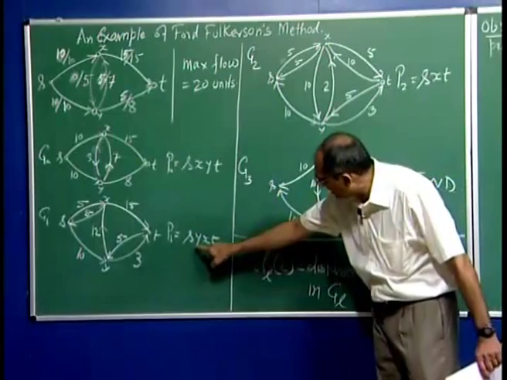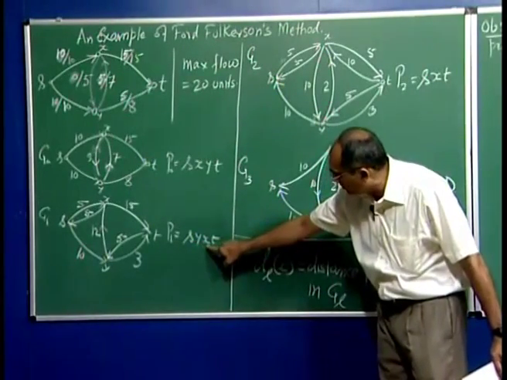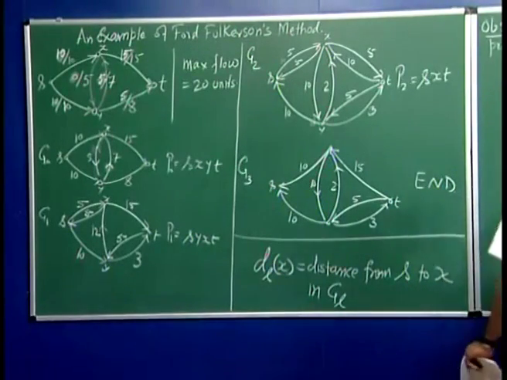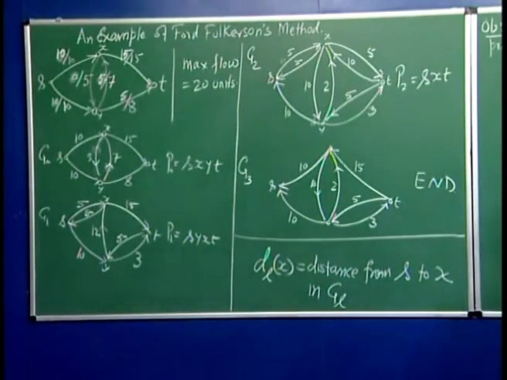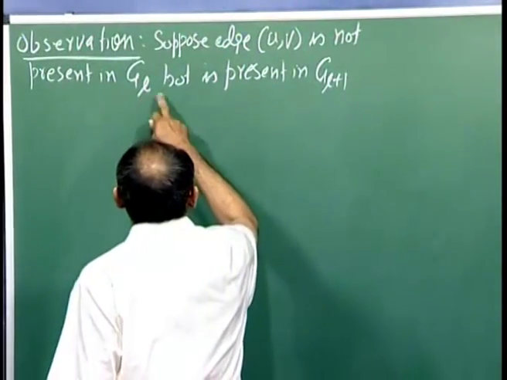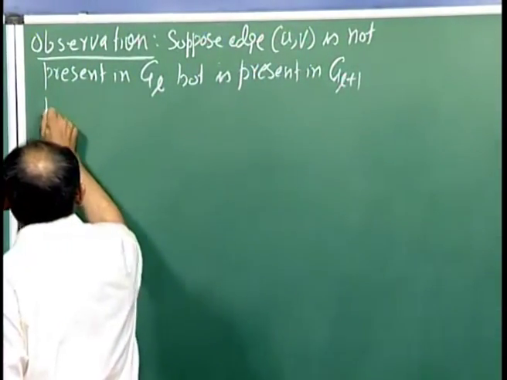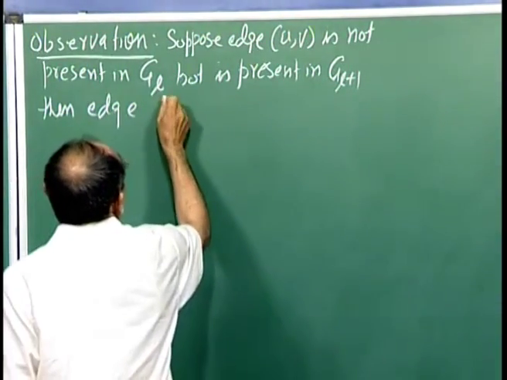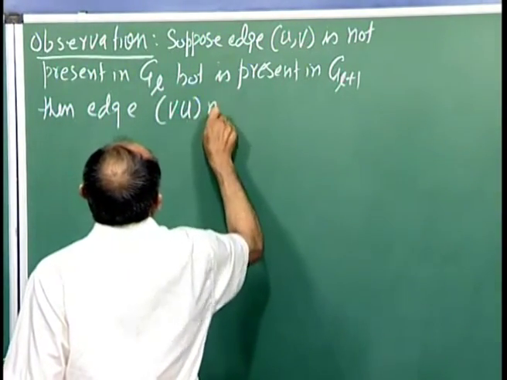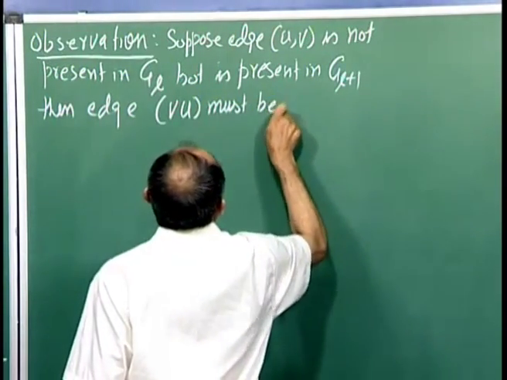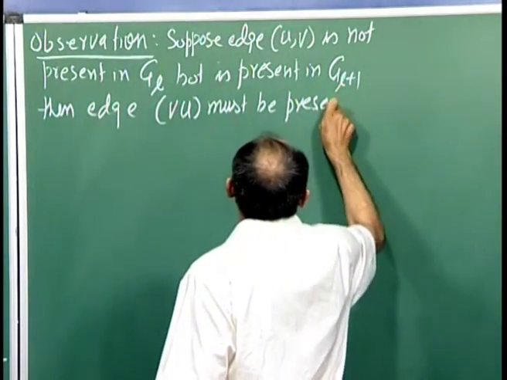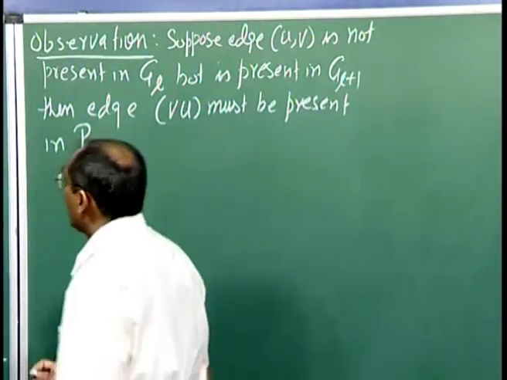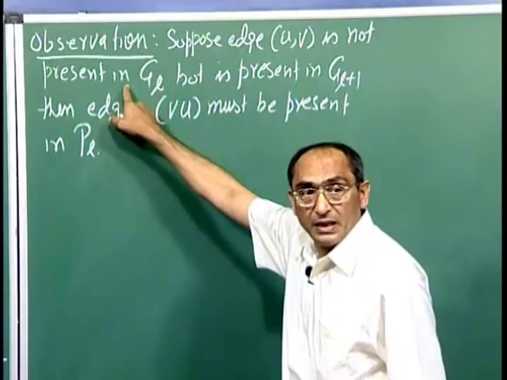And you notice that there is edge yx present in the path P1. So, we are saying that if UV is not present in GL but present in GL plus 1, then edge VU must be present in PL, the path computed from GL.